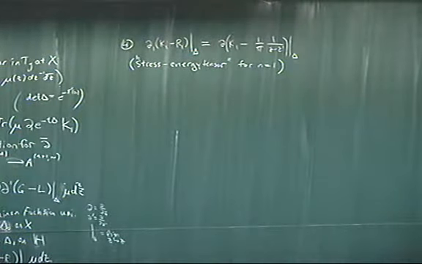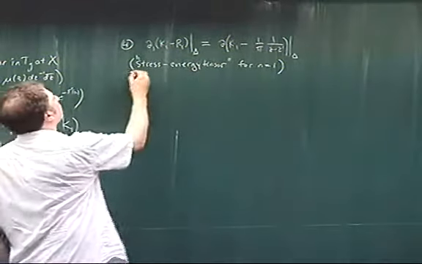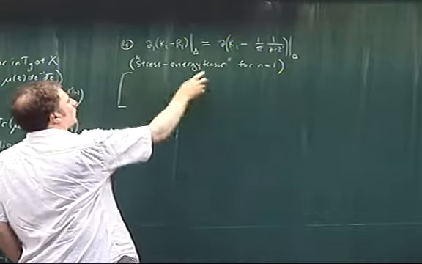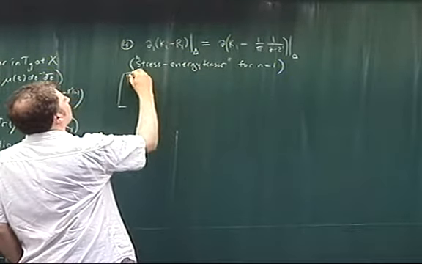There's sort of a trick there for n greater than 1, which is maybe worth pointing out because I probably won't get to n greater than 1.